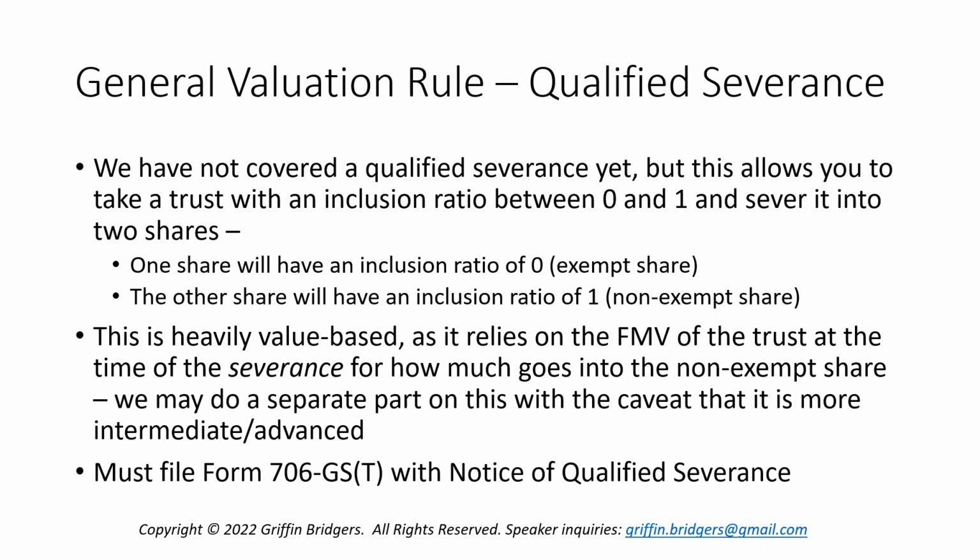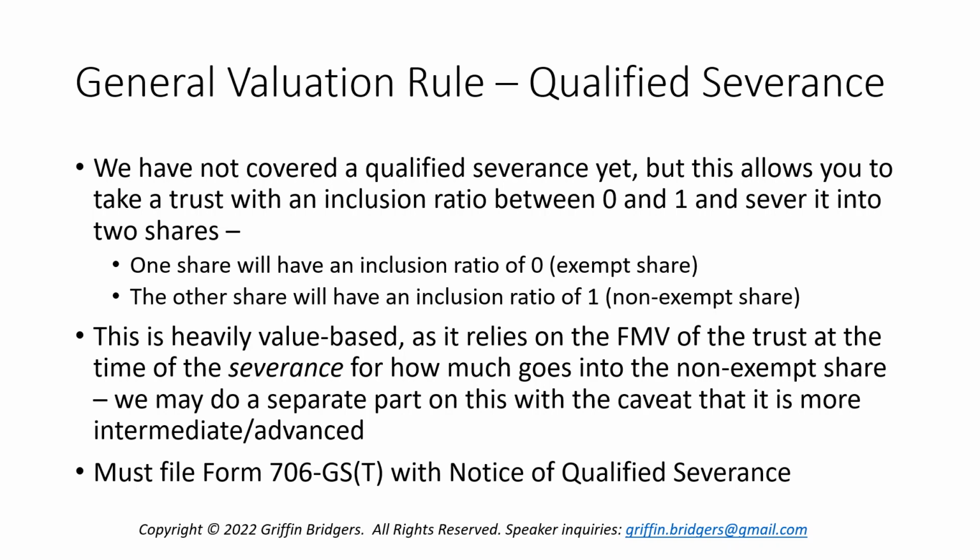So one share will have an inclusion ratio of 0, which will be the exempt share. The other share will have an inclusion ratio of 1, which will be the non-exempt share. So the formula for doing this is heavily value-based because it relies on the fair market value of the trust at the time of the severance to determine how much goes into the non-exempt share.